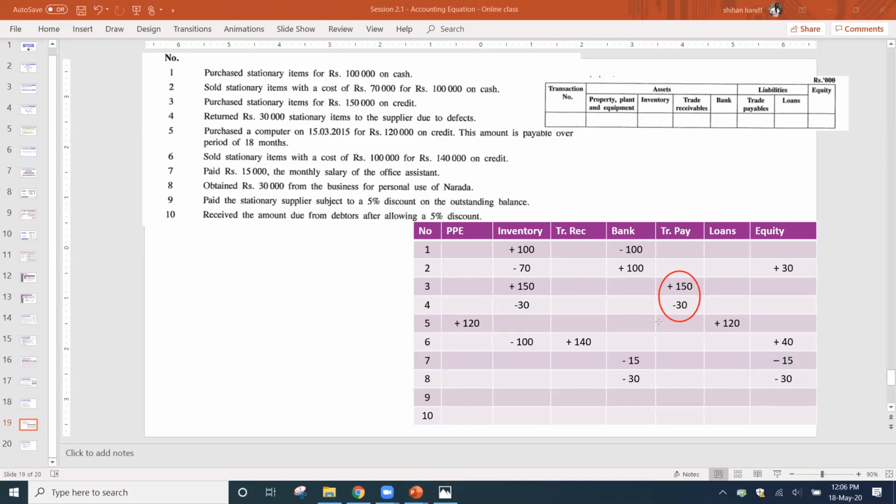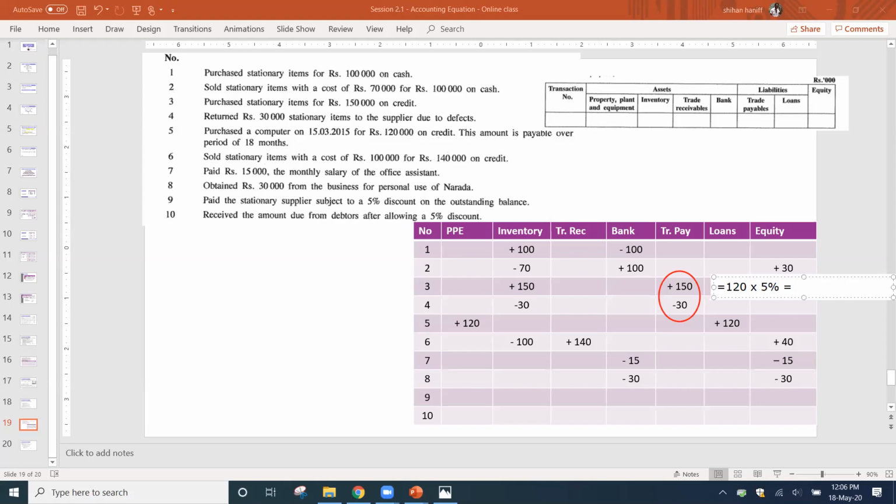We purchased from him 150,000 and we returned goods due to defects 30,000. So the amount we need to pay him was 120,000. Then, subject to 5% discount, we are paying the outstanding balance. So we are getting 5% discount on this.